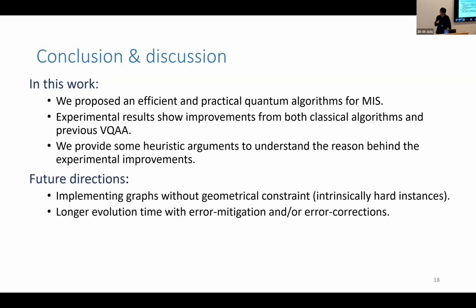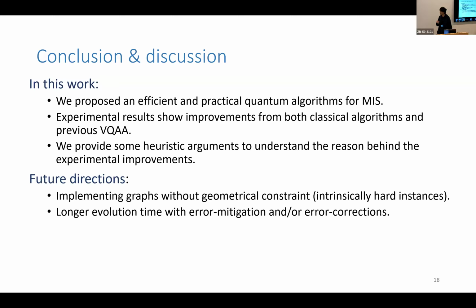And in the future, it is valuable to implement, for example, graphs that have no geometric constraint, which means any two vertices can interact, and these are intrinsically classically hard instances. Any breakthrough on this kind of hard graph will be a big improvement.